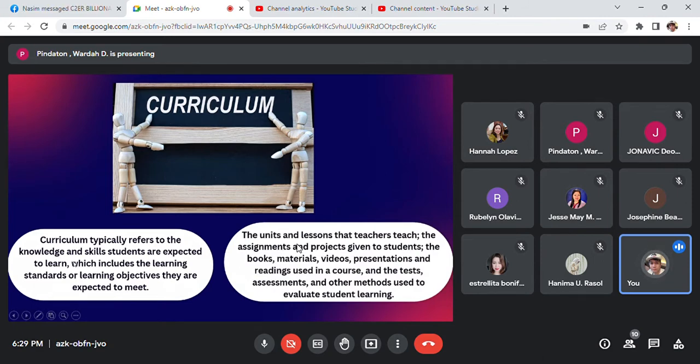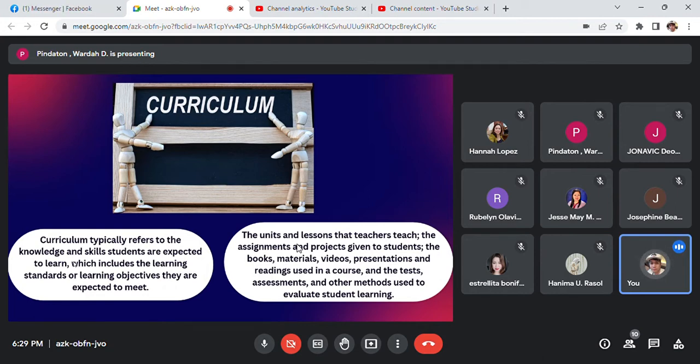Depending on how broadly educators define or employ the term, curriculum typically refers to the knowledge and skills students are expected to learn, which includes the learning standards or learning objectives they are expected to meet.